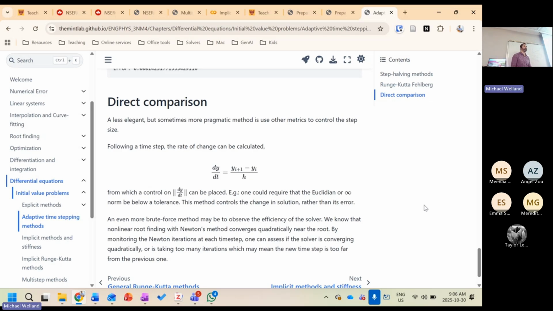Another way you could do it, which is honestly pretty crude, is if you're throwing some kind of iterative solver at it, monitor your iteration counts. How many iterations does it take, right? With Newton's root finding method, the closer you are to your solution, the fewer iterations it's going to take. Same thing with your iterative linear solvers.